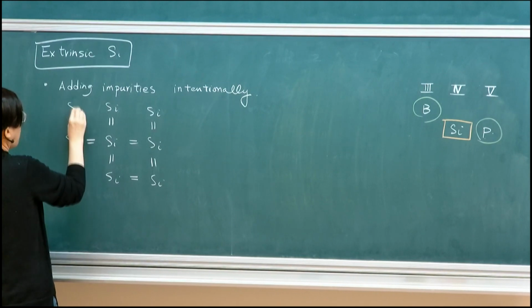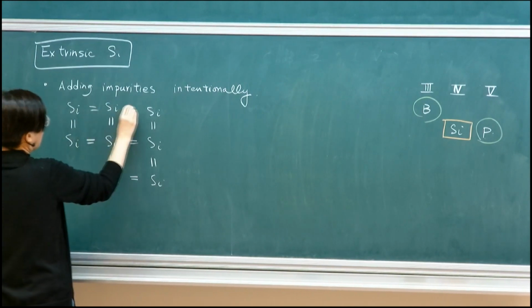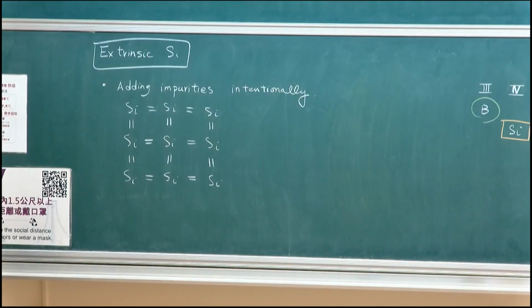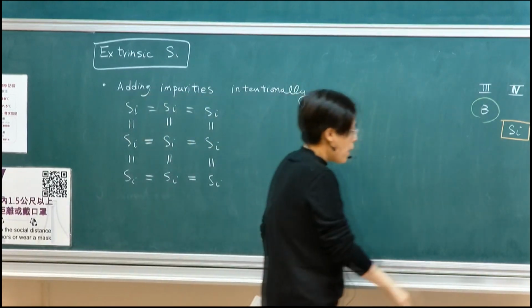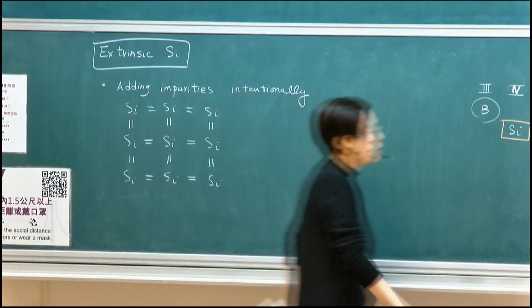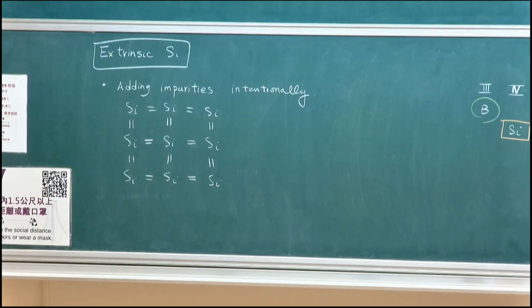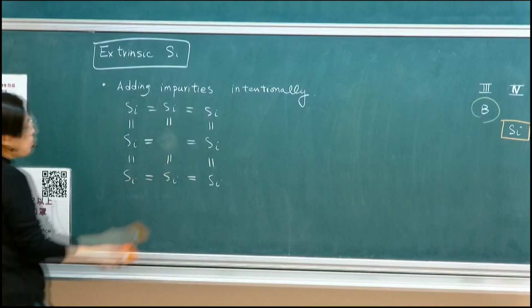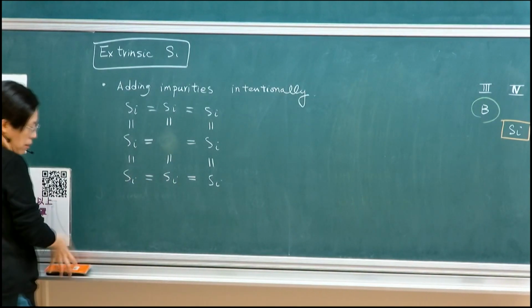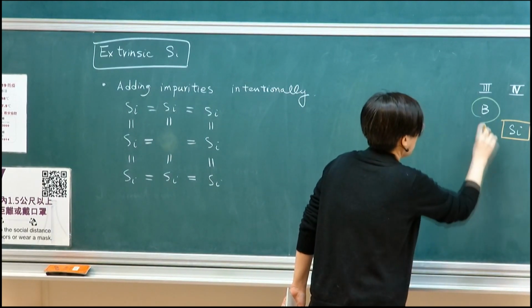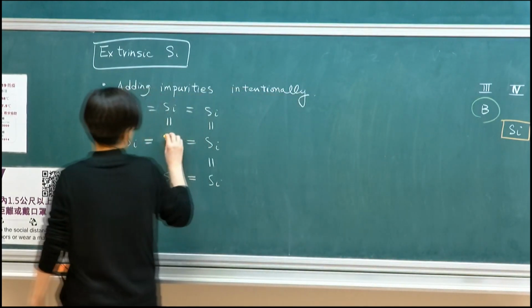We start with an intrinsic semiconductor crystal. And then I'm going to substitute the atom in the middle. We call it substitution. It takes a few processes, but I'm just going to introduce a boron.